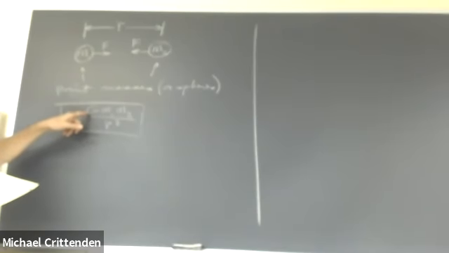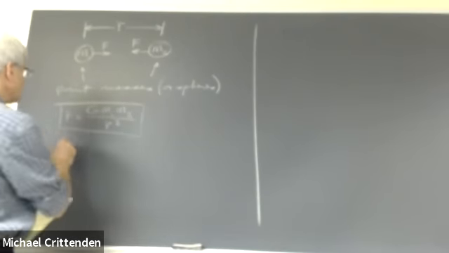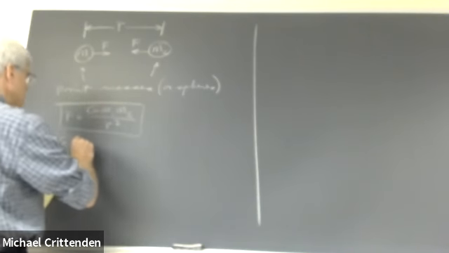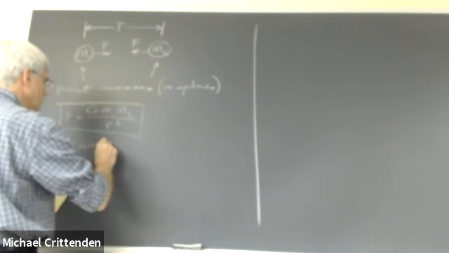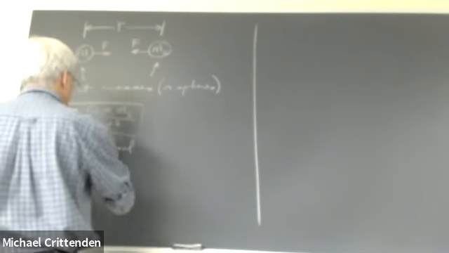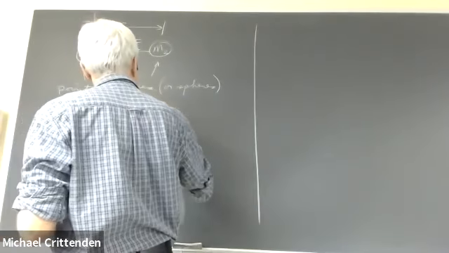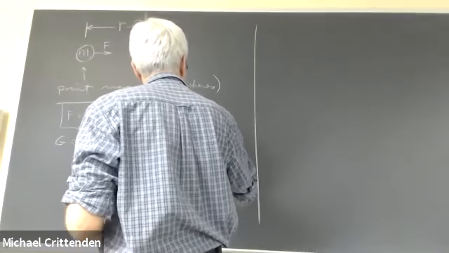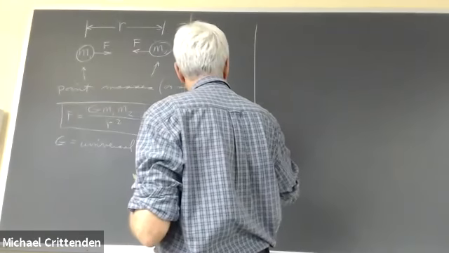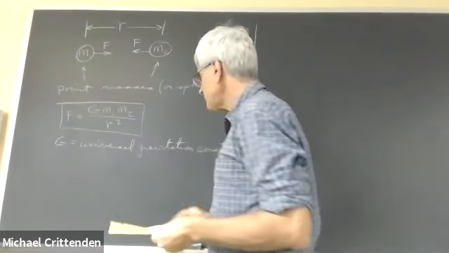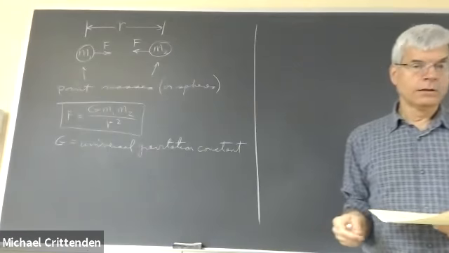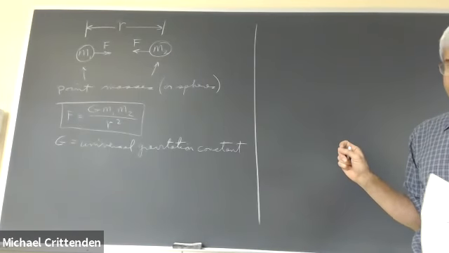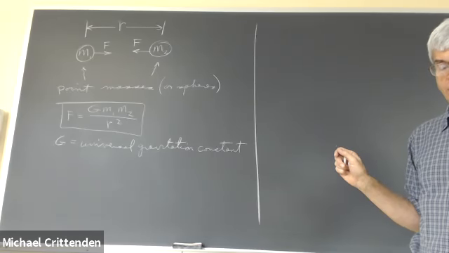G is a universal constant. Capital G is not to be confused with little g, 9.8 meters per second per second.